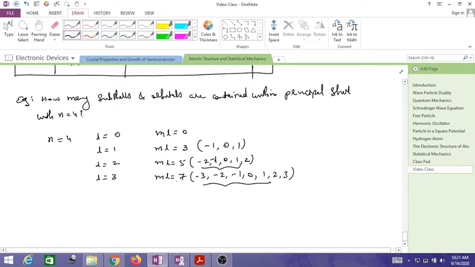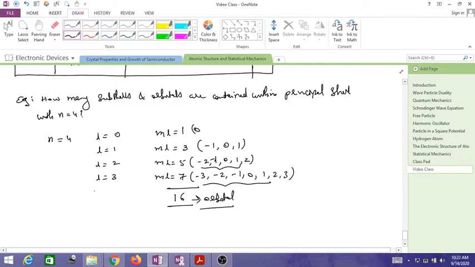Now if we total all together, ml can take the value 0, which means it is equal to 1 here. So if we total all these values, we get 16 orbitals.